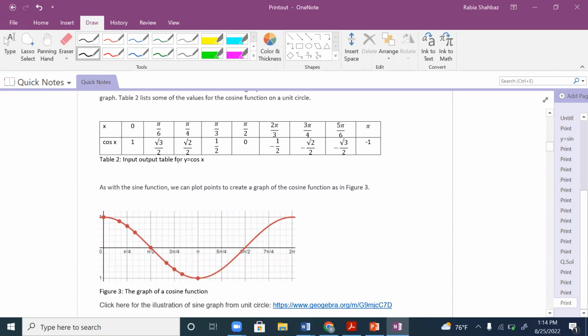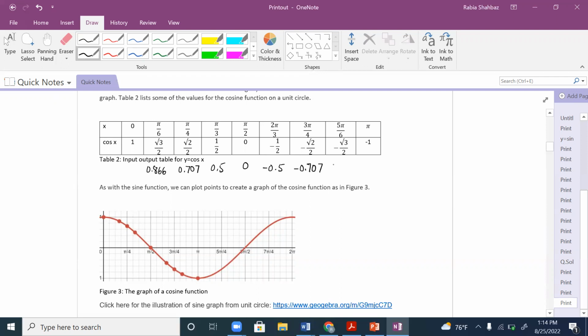How the cosine is different from sine: cosine of 0 is 1, cosine of pi over 6 is 0.866, cosine of pi over 4 is root 2 over 2, which is 0.707, cosine of pi over 3 is half, cosine of pi over 2 is 0, and then you can see in the second quadrant cosine values are negative, and then they will just be repeating.